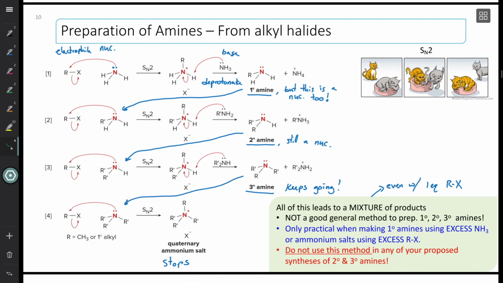Also, if you want the ammonium salt, then this is an okay way to do it. Then you just use excess alkyl halide, and you don't care about this chain reaction because that's the chain reaction you want, right? So unless you want a primary amine or an ammonium salt, generally this is not a good method.